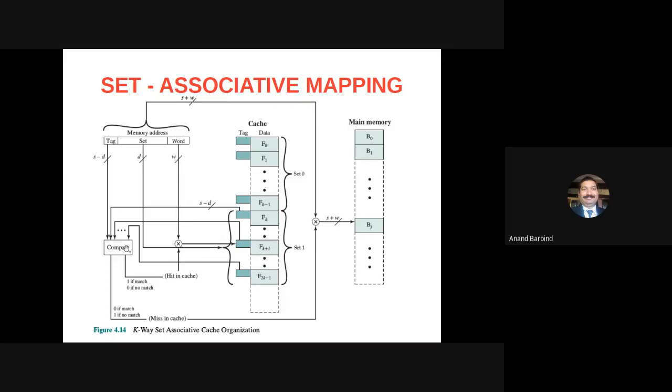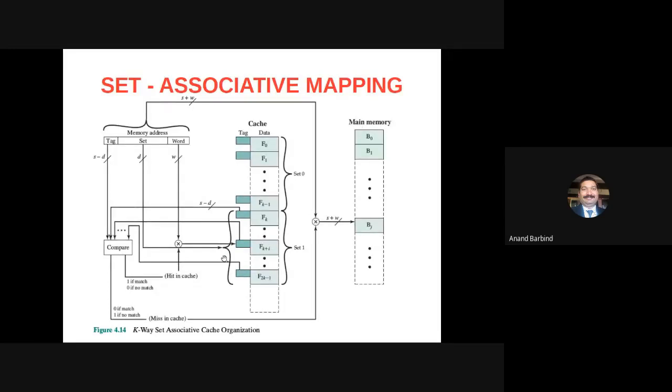But also, whenever some block is to be moved into the cache, you can move it into any of the lines in that particular set. There is no restriction that the block is to be moved into a particular line only, like in direct mapping.